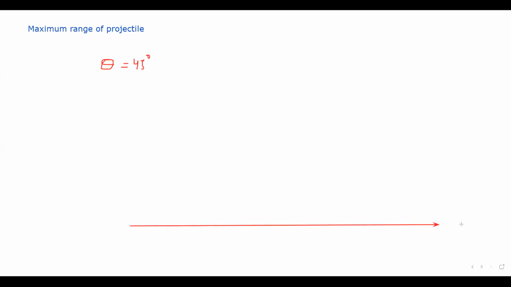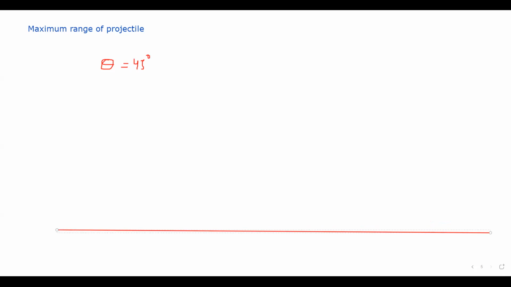So if we have a projectile which is launched from a certain height with an angle of 45, the velocity is u. What will be the trajectory this projectile will follow?